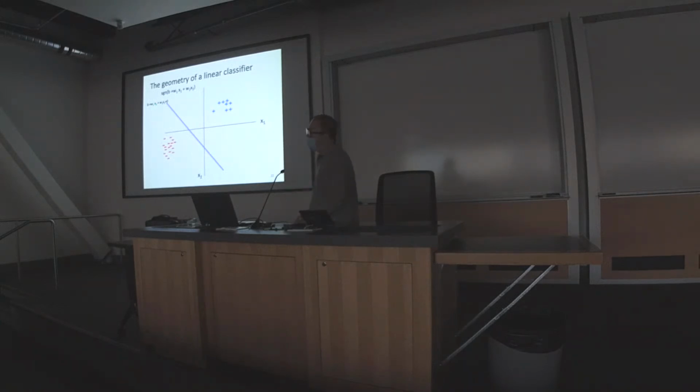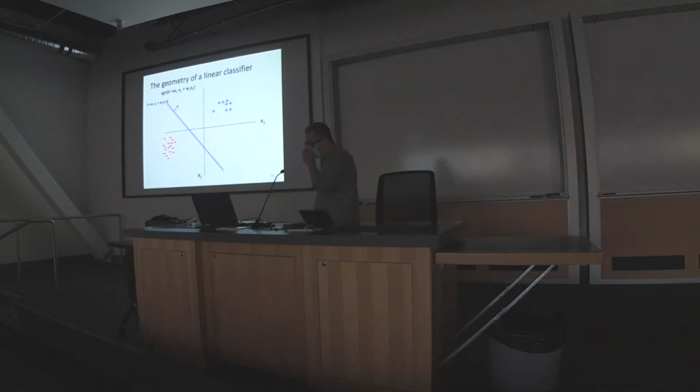On one side, all the examples will have this classification function positive. On the other side, we'll have this classification function negative. So this line actually separates all the positive examples from all the negative examples. That's why we call it a classification boundary.